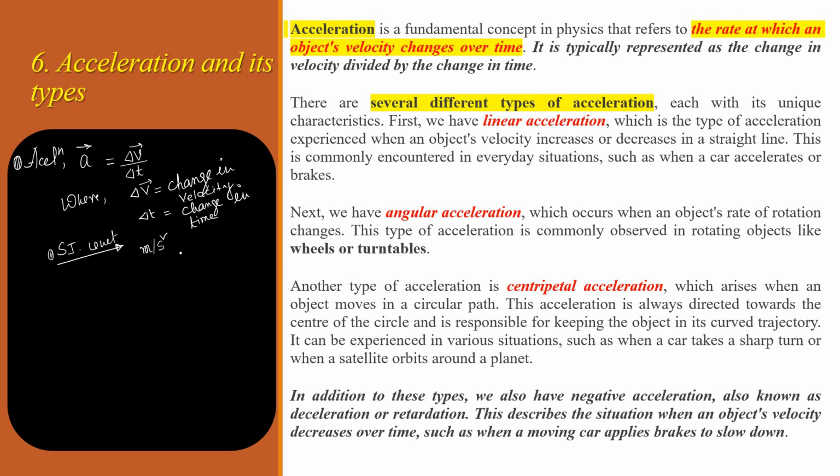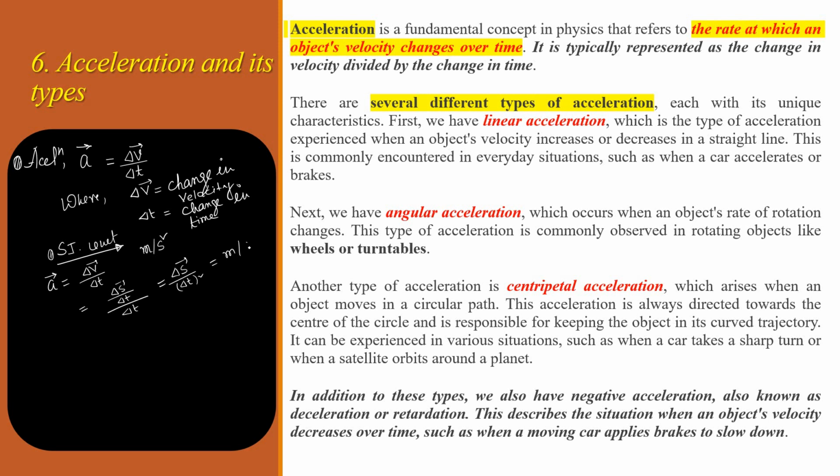If you have any confusion, I am writing it this way: acceleration equals delta v by delta t. Again, velocity can also be written as delta s by delta t. So after arranging, we can write delta s by delta t square.